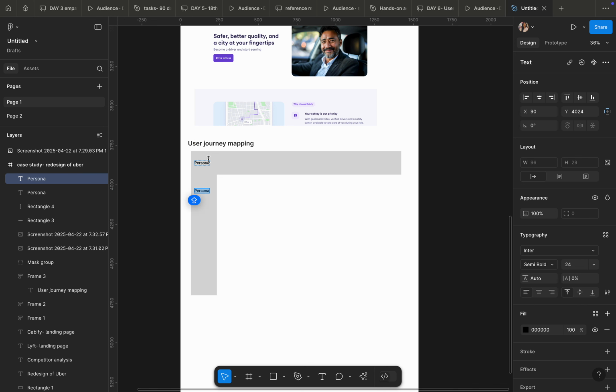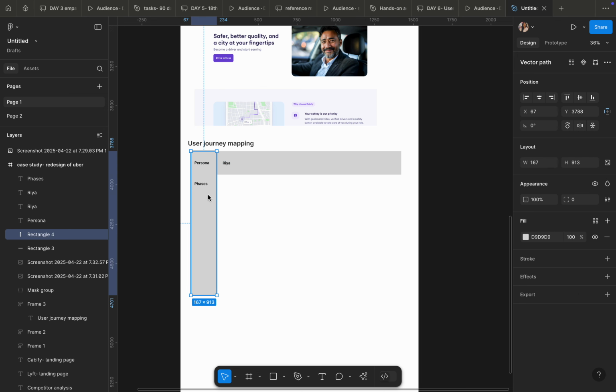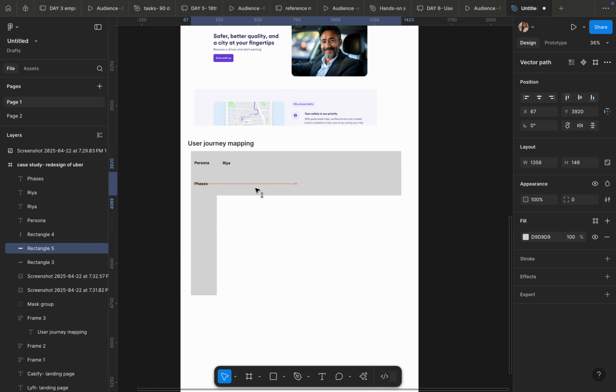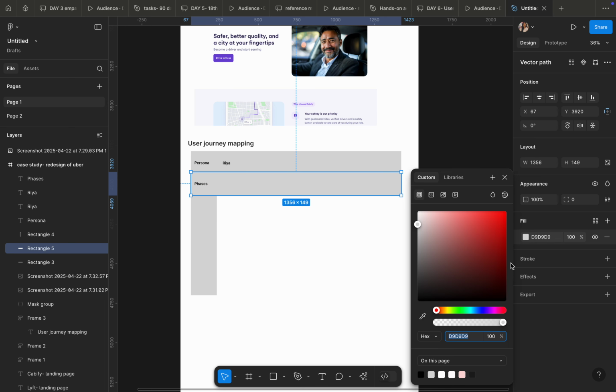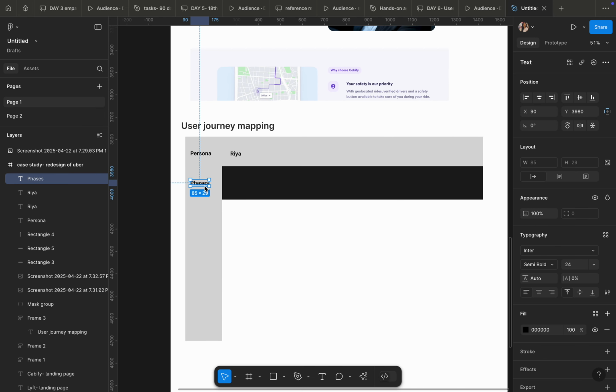So in this we'll have the phases, like the stages involved in the rows, and here we'll have the name of the persona, and for the faces.